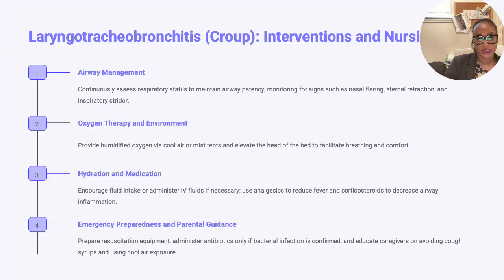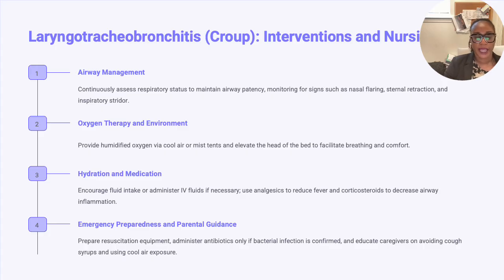Other measures can include having the child breathe in cool night air or the air from an open freezer, or taking the child to a cool basement or garage. We want to provide and encourage fluid intake for hydration. IV fluid may be prescribed to maintain hydration status if the child is unable to take in fluid orally.